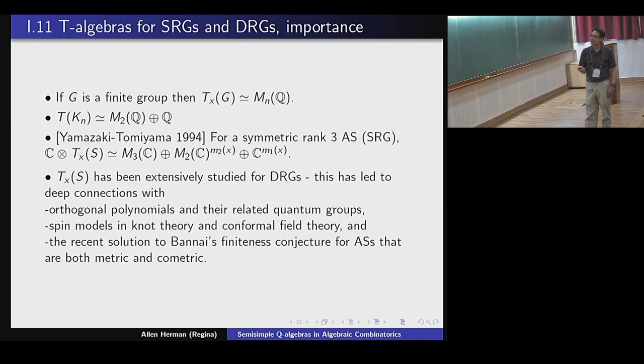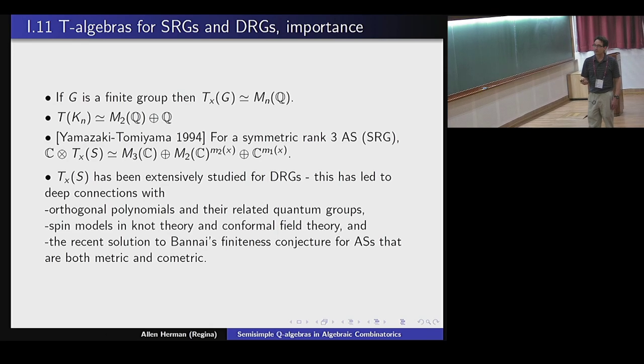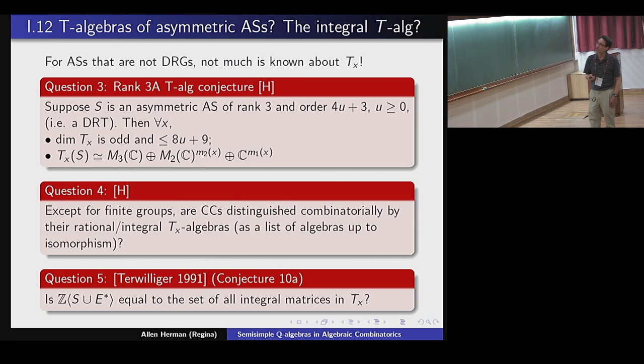And for many, many distance regular graphs, that same thing gives you a mapping from a nice quantum group onto T(x). And so the representations of T(x) are coming from the quantum group. In places where the quantum group is known to help, then you get a connection between a graph and something that doesn't look to be connected to it whatsoever. This is really quite an interesting thing and quite important in algebraic combinatorics.